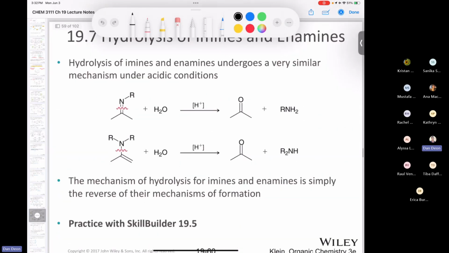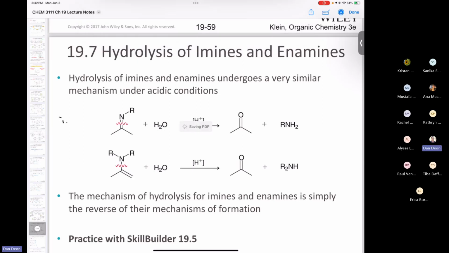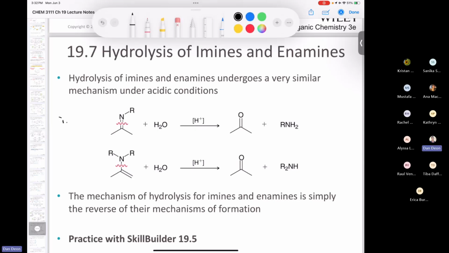But we know how to hydrolyze an acetal. And even though the mechanisms of these aren't shown in the textbook, and I won't ask you to draw them, it turns out that the mechanism for the hydrolysis of an imine or an enamine is the same thing.